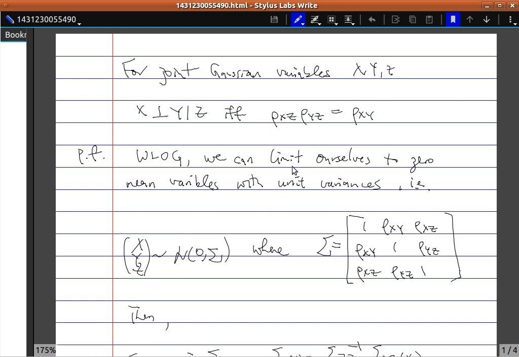First thing, we just need to realize that, without loss of generality, we can assume the variables to be zero mean and also have unit variance. Otherwise, we can just subtract the means and scale.